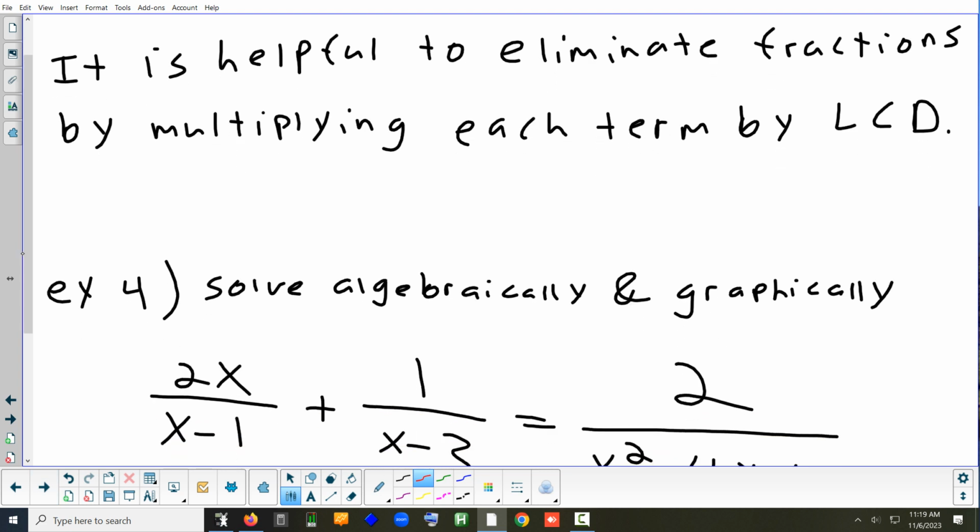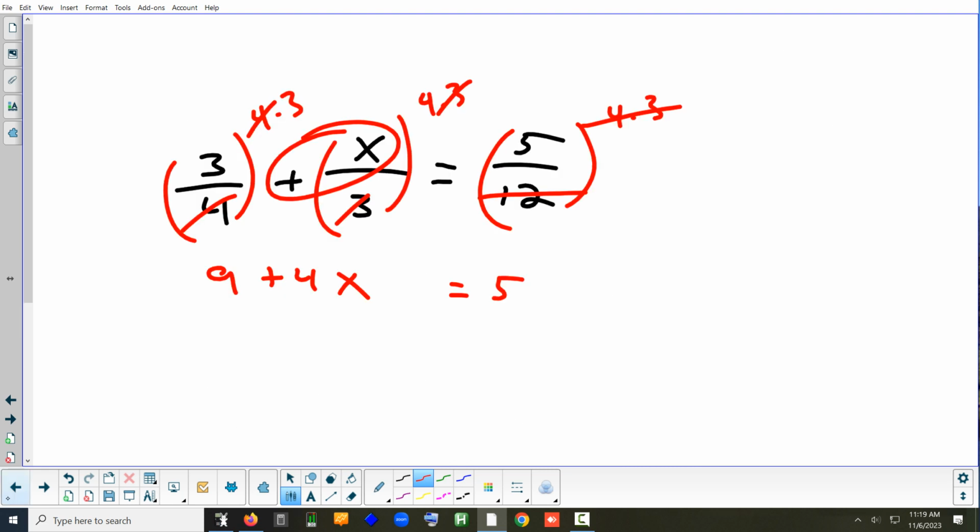So in that last problem, what we multiplied by was the LCD, the least common denominator. In general, it's going to be the product of the two that you have right there, because this number is also going to be the product of the two you have right there. In general, it doesn't have to be.